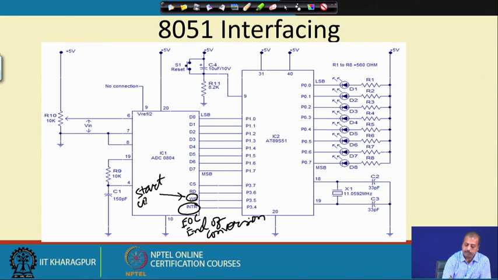So these types of conventions are there. If you are looking at a different ADC, you may find that the pin names are slightly different. This way you can connect ADCs.